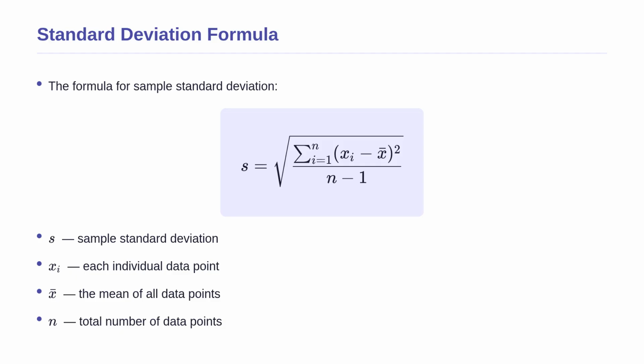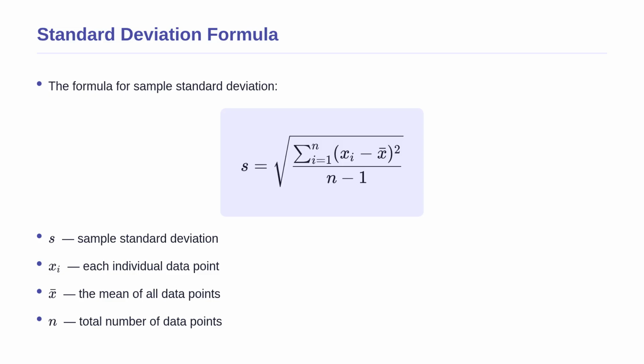Now that we understand the concept, let us look at the mathematical formula for sample standard deviation. Conceptually, this formula is just finding the average squared distance from the mean, and then taking the square root to return to our original units. Let us break down the symbols. The letter S represents the sample standard deviation.